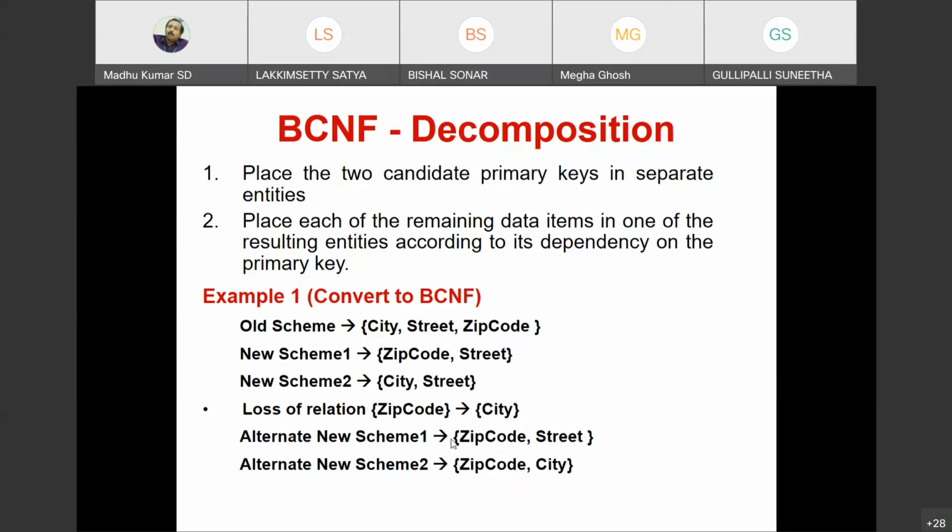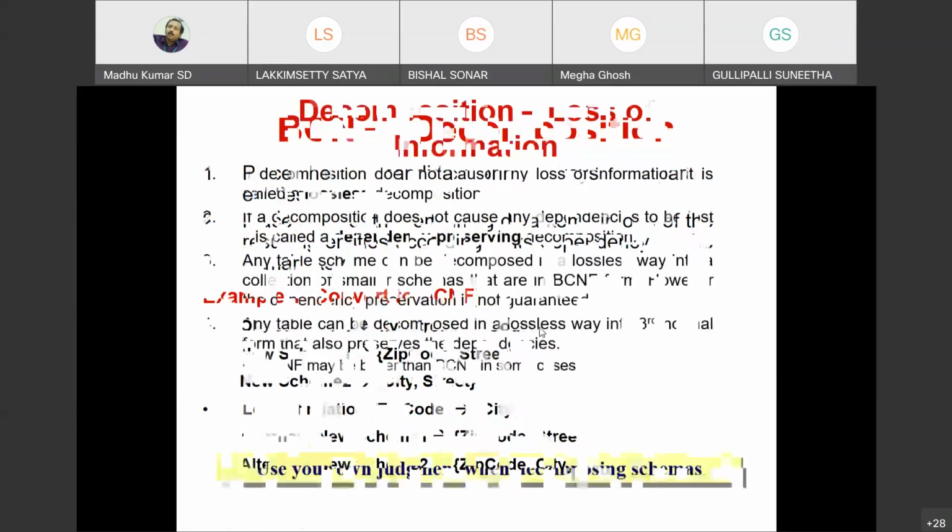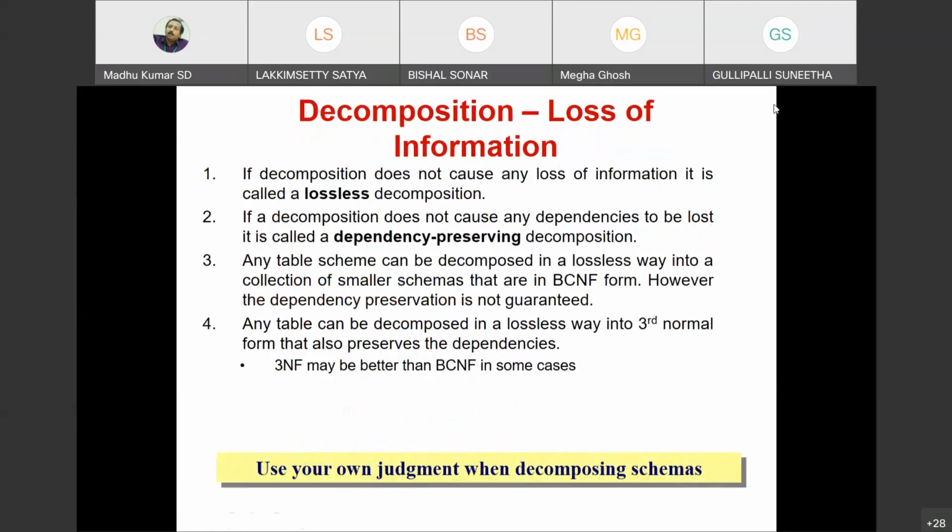Anyway, when you are decomposing a table into smaller tables, do not go for transitive dependence or derived dependencies for the decomposition. The decomposition should be done based on direct dependencies only.